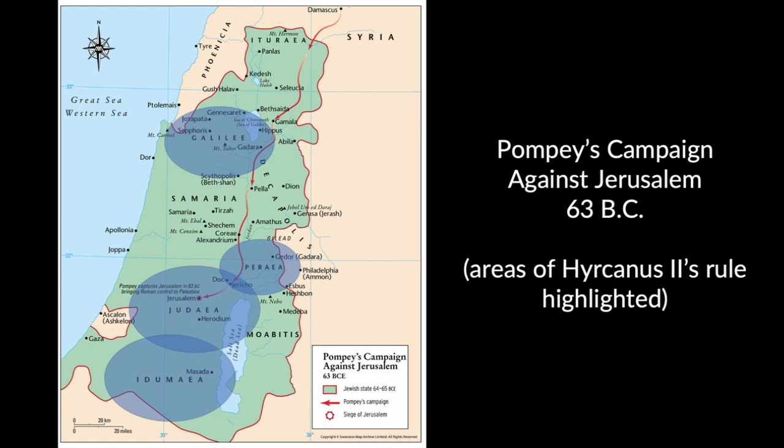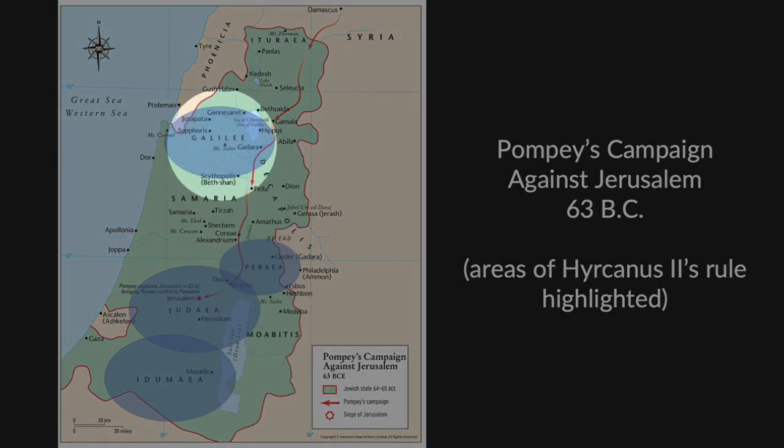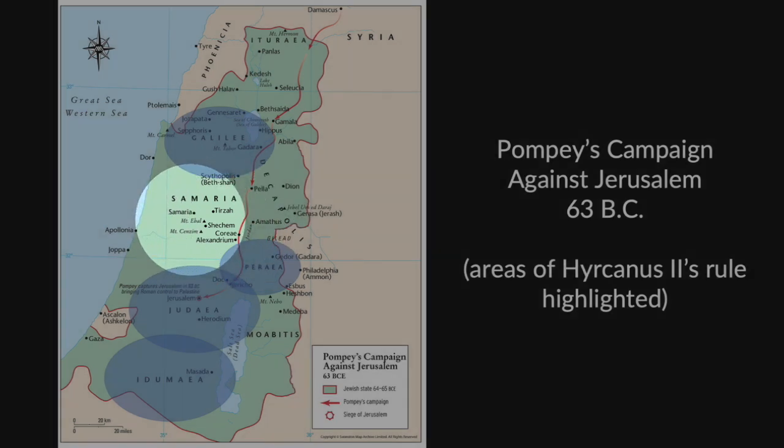So he's going to rule in Galilee up here. He's going to rule Perea. He's going to rule Judea, and he's going to rule Idumea. But areas like Moabitis on the other side of the Dead Sea, the Decapolis on the other side of the Jordan River, Iturea up here in the far north, north of Galilee, and significantly Samaria here in the middle are going to be taken away from him.